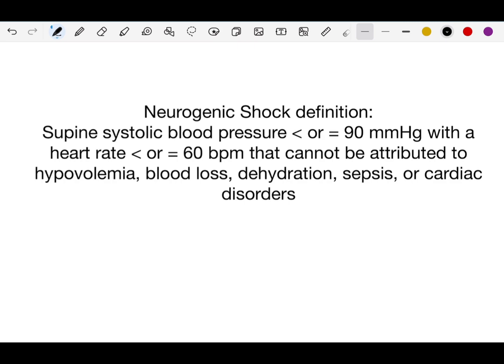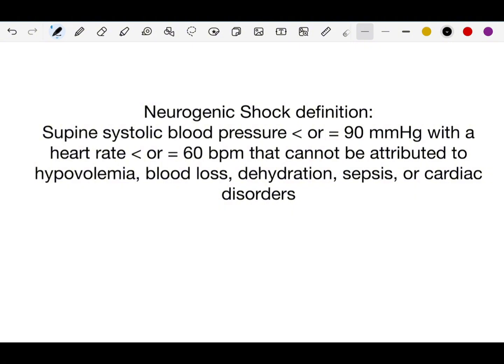And then again, the way that this definition paints it makes it almost look like a diagnosis of exclusion. But to make it more simple for you guys, in the context of neurogenic shock, I'm sure there are other examples where you could see this, but from my limited experience, I basically only see neurogenic shock in the setting of a spinal cord injury after trauma.